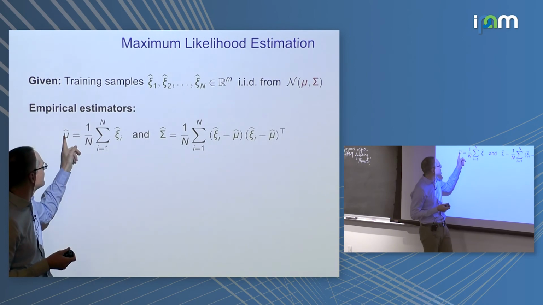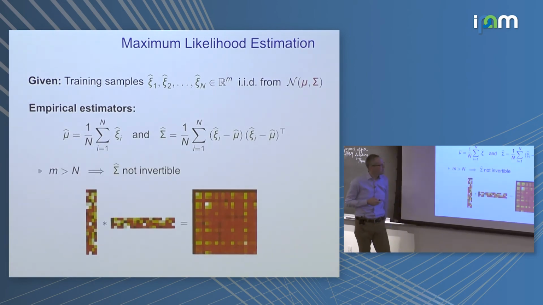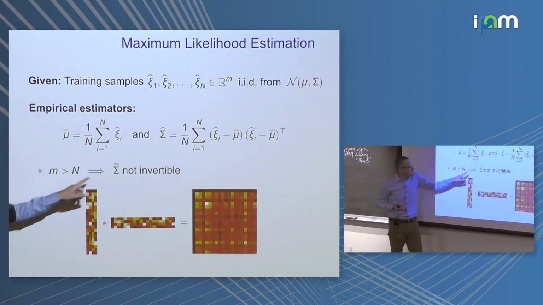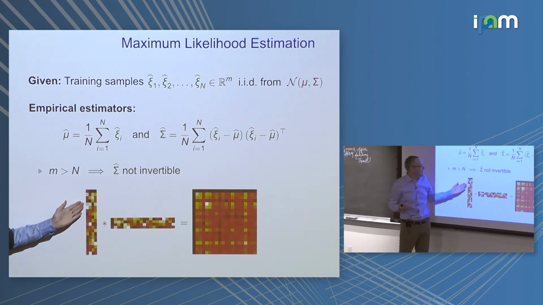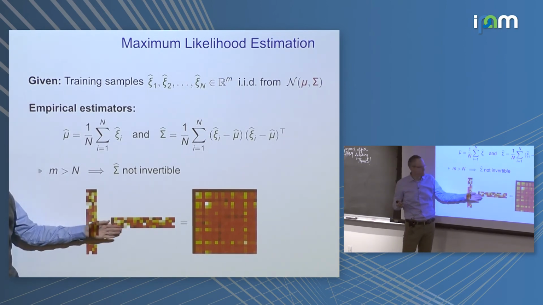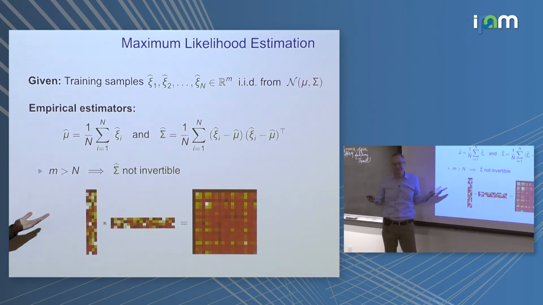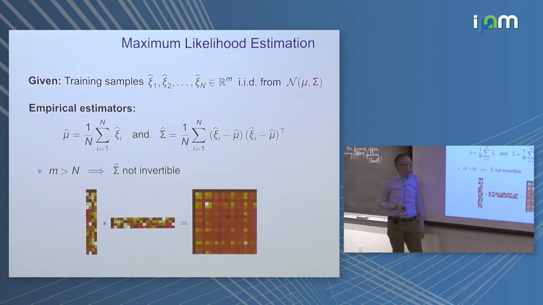So from now on, mu hat and sigma hat are my empirical mean and covariance matrix. Unfortunately, in the high-dimensional regime, where the dimension of xi is larger than the number of training samples, this empirical covariance matrix is not invertible because it's just a sum of n rank 1 matrices. If m, the size of the matrix, is larger than n, I can never invert it. So I don't get a precision matrix estimator.